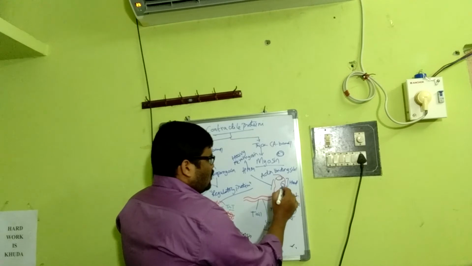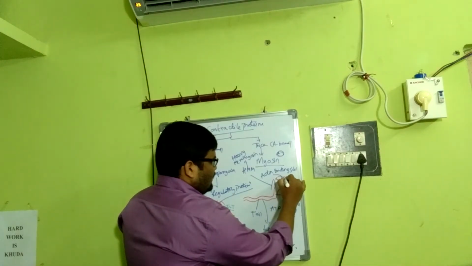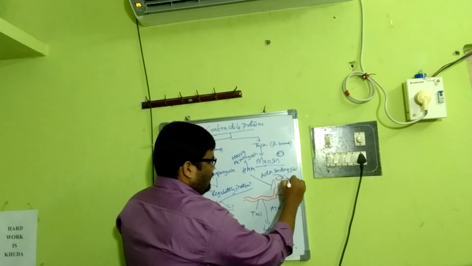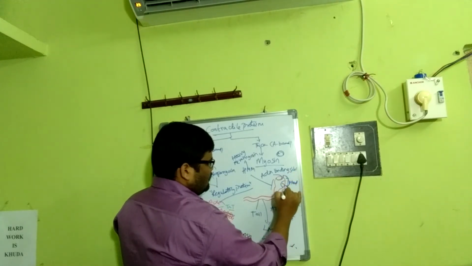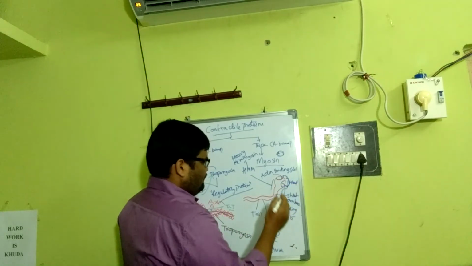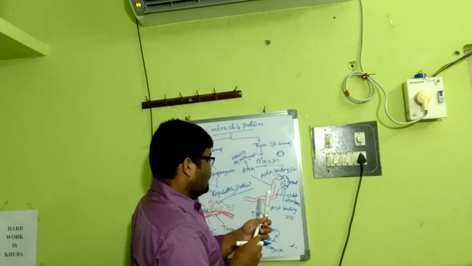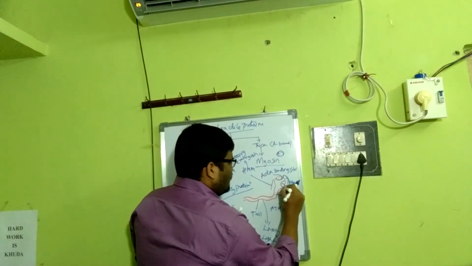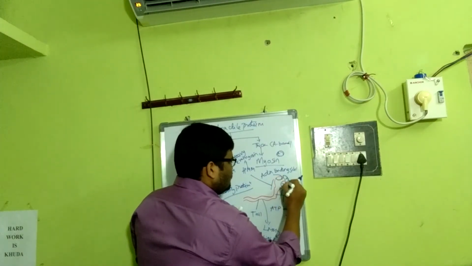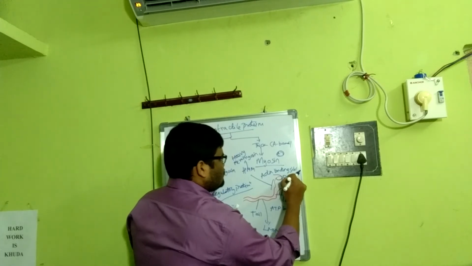Here the cross arm, say for example this is another myosin head, this is the cross arm, for better understanding. This is another myosin. This is called the cross arm.